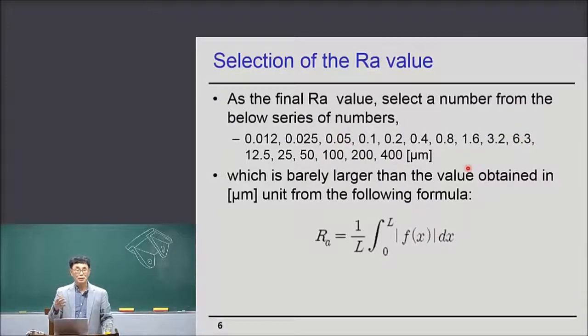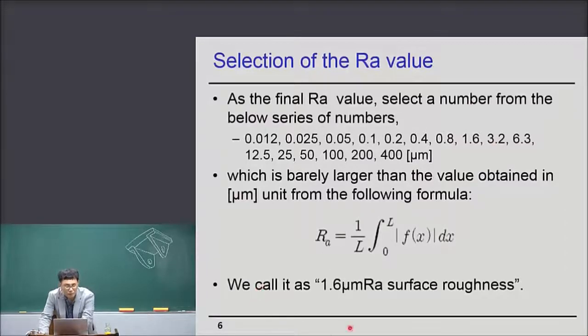All right. So there is no 2.8 micron Ra value. No 2.8. Then you have to call it 3.2 micron Ra. And we call it 1.6 micron Ra surface roughness.